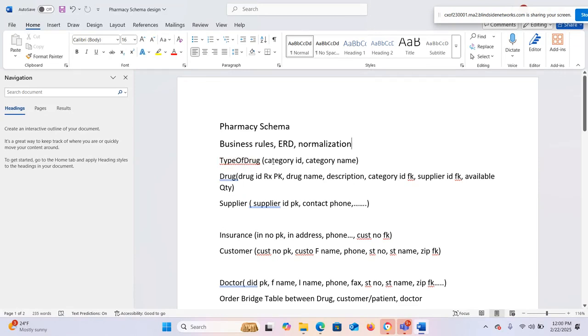So we have the category ID, category name, like some drugs. I don't know, I'm not a medical person, but it could be like painkillers or cardiac medications or diabetic medications, or some could be, what do you call them, injections.